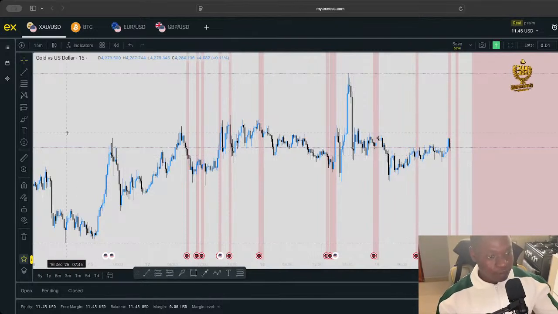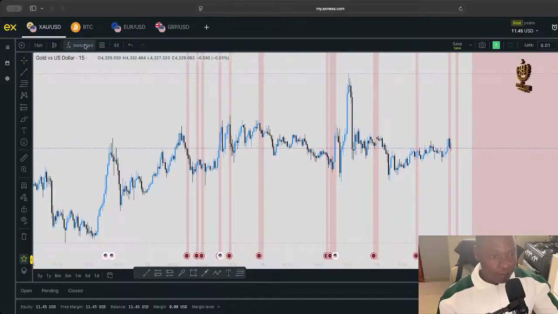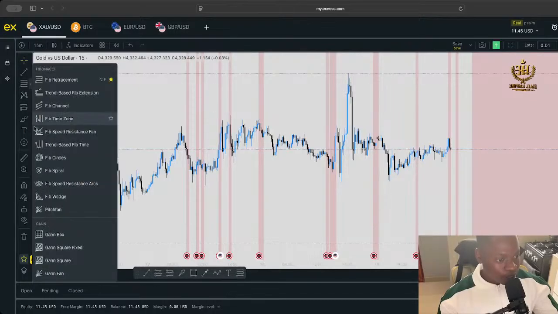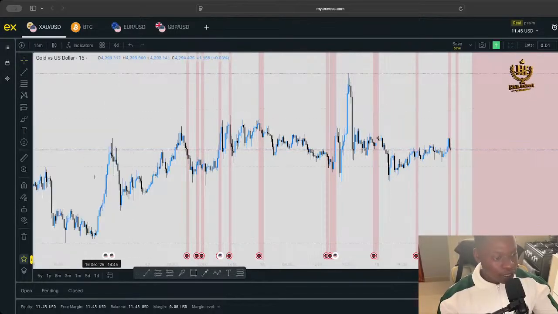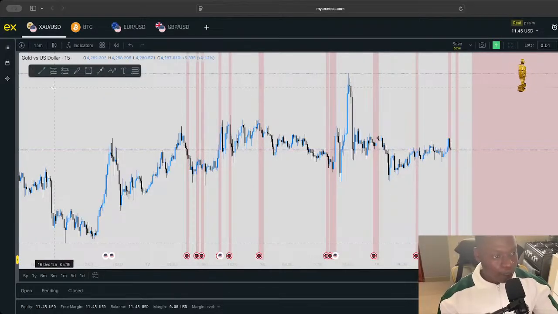In this case, on a 15 minute time frame, I love to analyze on the 15 minute time frame when I'm looking for entry points.